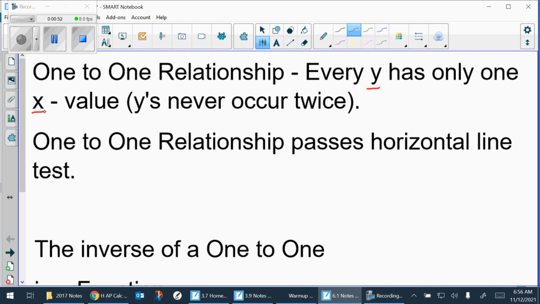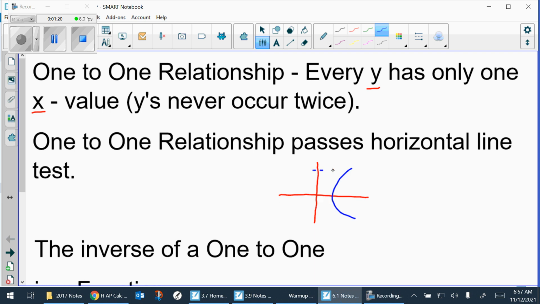Now a one-to-one relationship passes something called the horizontal line test. So if we had a bunch of points that we had plotted, and maybe that bunch of points forms a graph that looks like this. Well, this thing is certainly not a function. It fails the vertical line test. But every y value has only one x value.